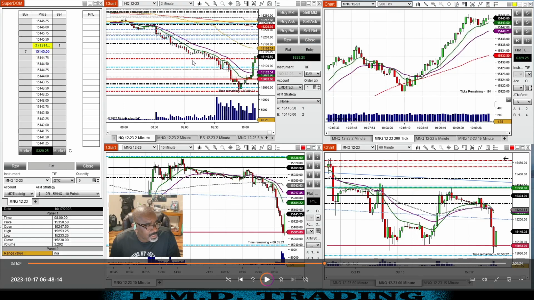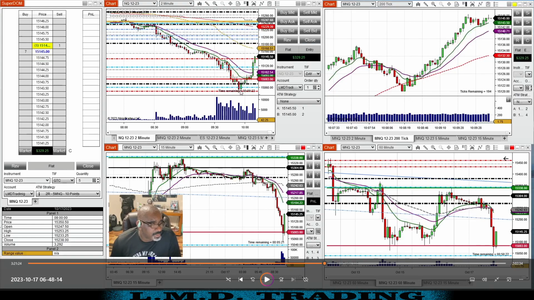It breaks this level, which is a 15-minute level, and just continues to slice down until we get to the solid red line, which is previous low of day. It breaks another hourly level, and then we finally find support at a 15-minute level.